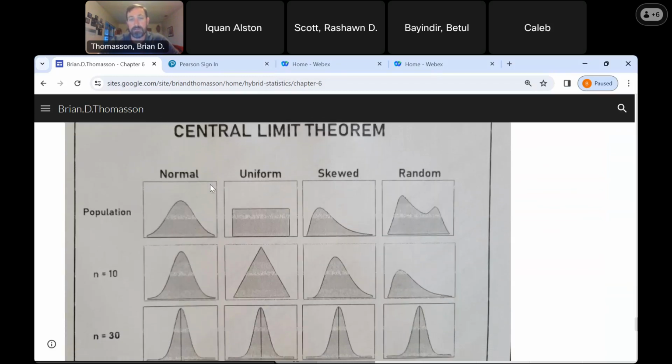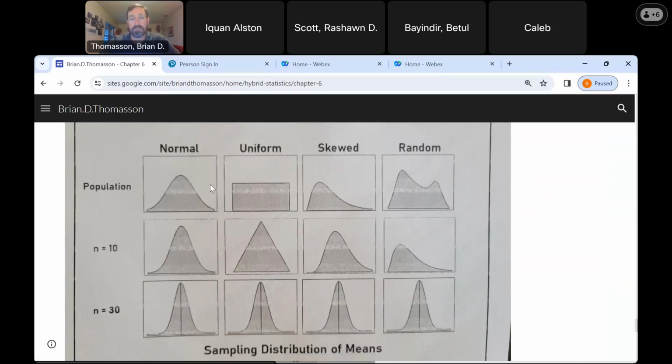All right. So we have this central limit theorem diagram here. Let me try to explain what we're doing here. Let's just look at this uniform distribution column and see what's happening there.